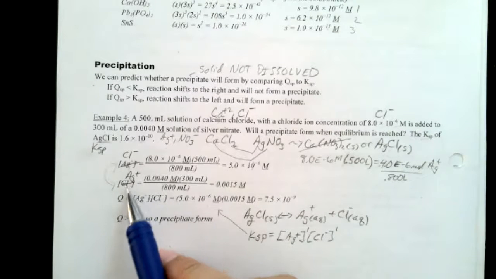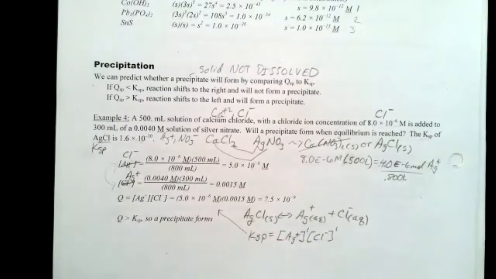And also they got these swapped apparently. Isn't it silver nitrate and calcium chloride? But anything with nitrate cannot precipitate because nitrate's super soluble. So when we talk about what will precipitate, it can't be anything with nitrate.